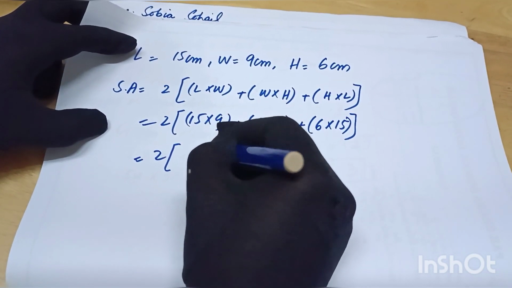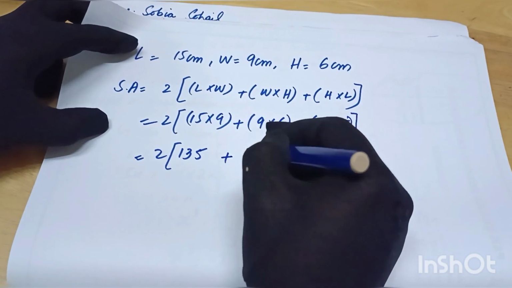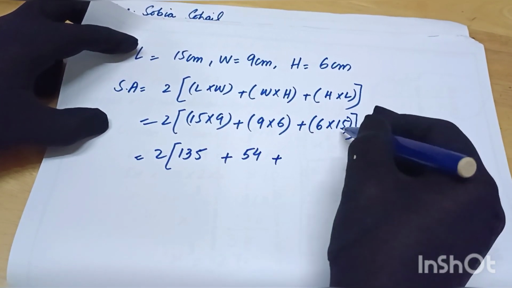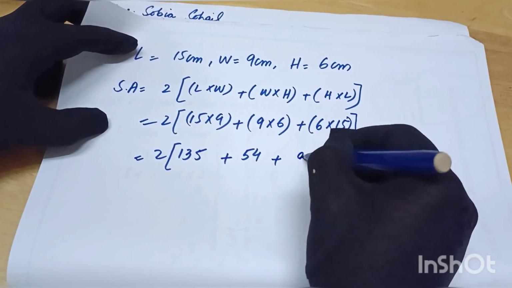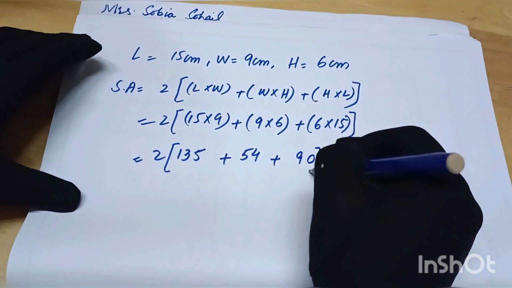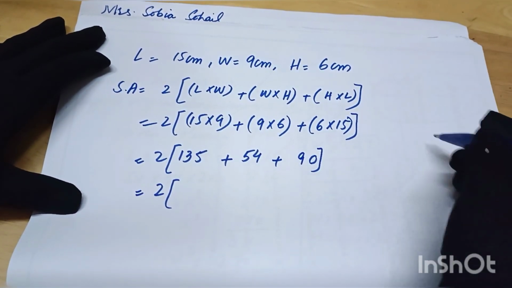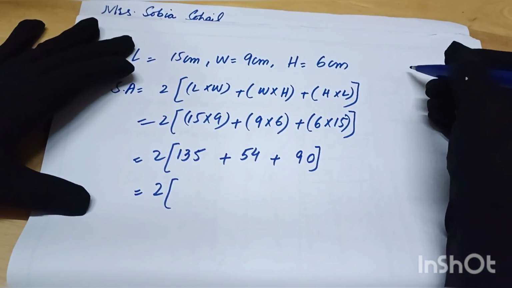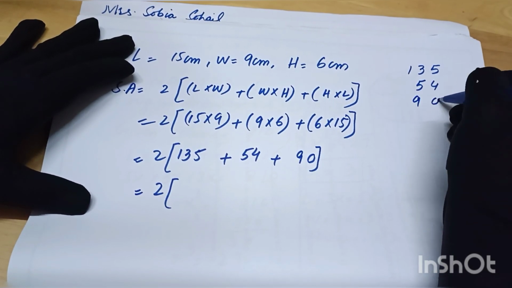9 5s are 45, 9 1s are 9 and 4, 13. Plus 6 9s are 54, plus 6 5s are 30, 0, 3 carry, 6 1s are 6 and 3 carry, 90. Adding the values in a vertical column: 135, 54 and 90.